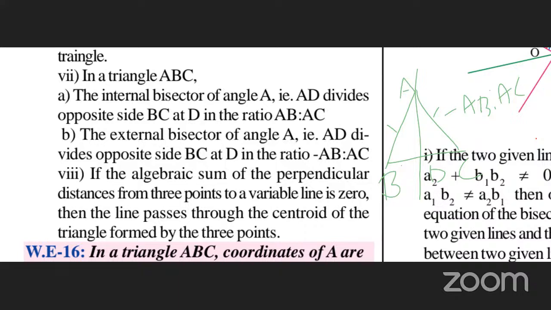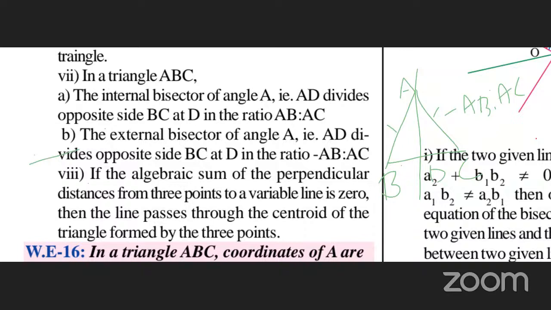The algebraic sum of the perpendicular distances from 3 points to a variable line is 0, and the line passes through the centroid of the triangle formed by the 3 points. There are 3 points, and these have perpendicular distances from one line.